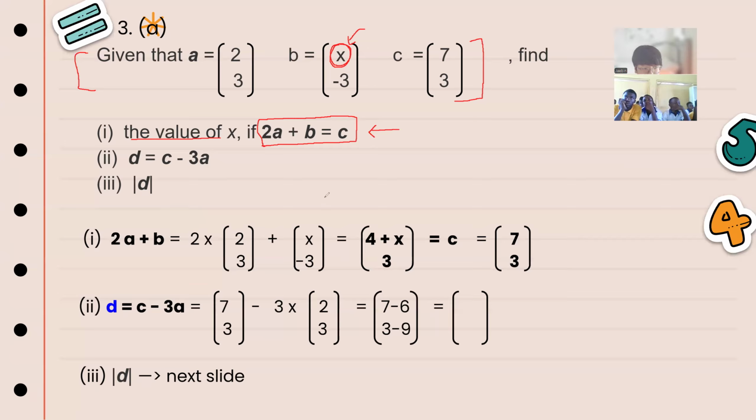So this is a little different type of algebraic equation because we're multiplying a number by this vector.